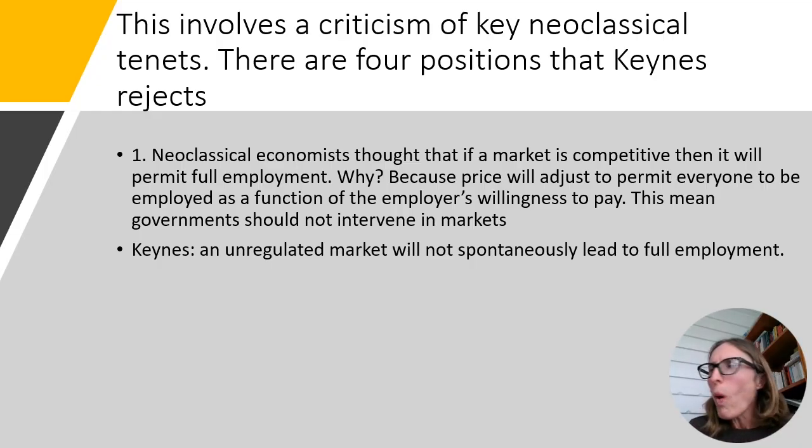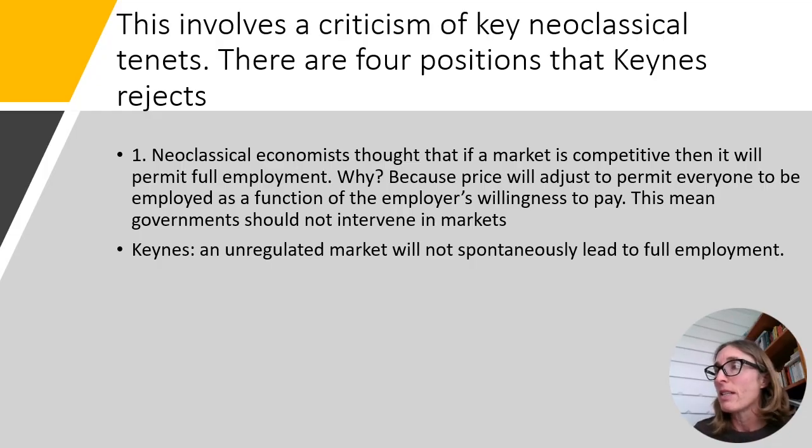Why did neoclassical economists think this at the time that Keynes was writing? Well, they felt that price would adjust to permit everyone to be employed as a function of the employer's willingness to pay. This would mean that some workers would receive less wages than others, depending on how much an employer was willing to pay, and how many workers were looking for work, supply and demand meeting to create an equilibrium price, a market clearing price where supply matches demand.